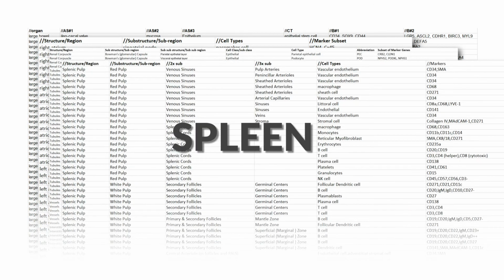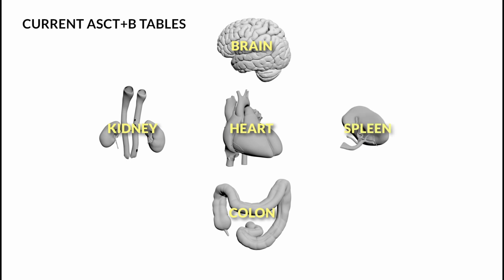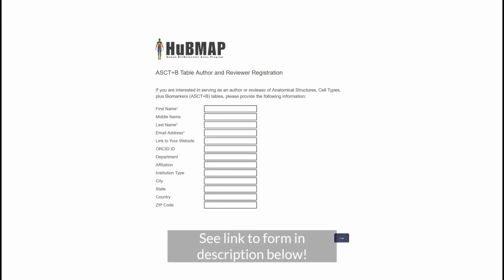The ASCT plus B tables are essential in defining our GPS systems for the human body because they provide a unified place name for every location or position in the body. Currently, ASCT plus B tables exist for the brain, colon, heart, kidney, and spleen. Tables for other organs are still under development.